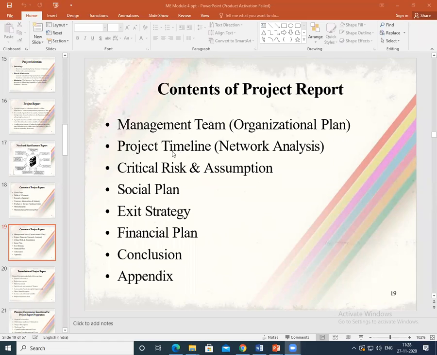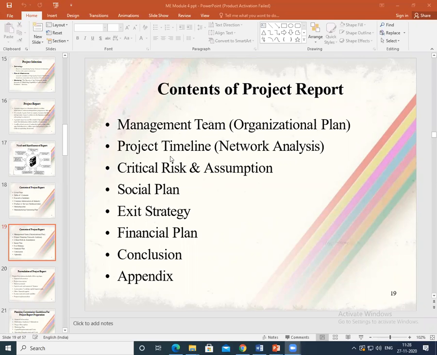So the project should also consist of a project timeline. What is the meaning of project timeline and network analysis? These are the different phases of the project defined with respect to the time constraint. If it is a 1 year project or a 6 months project, just as you give a yearly, quarterly, or semi-quarterly report, you may have to give the status of the project.